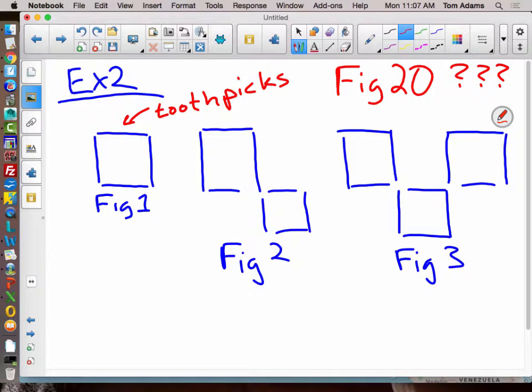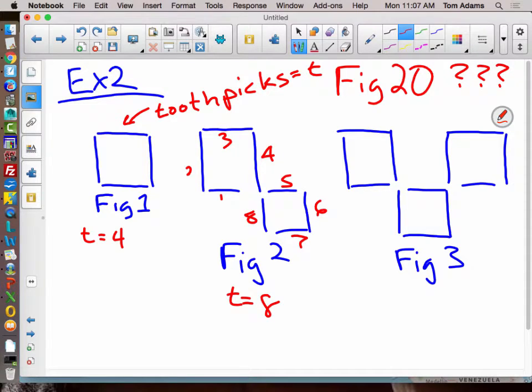Yes, t. So we'll say t equals toothpicks. And so for here, I have 1, 2, 3, 4. So here, t equals 4. That's figure 1. Here, t equals 1, 2, 3, 4, 5, 6, 7, 8. We don't want to count it twice.